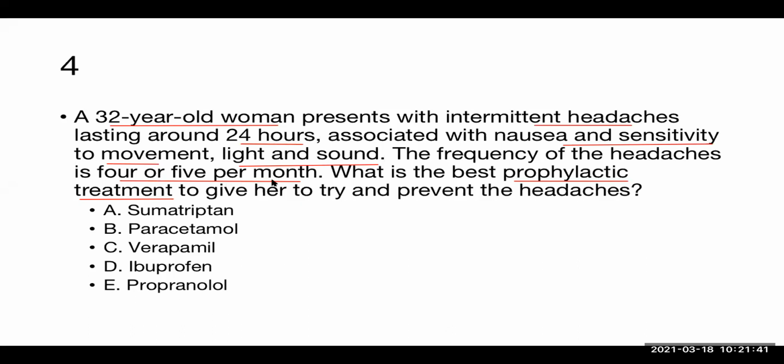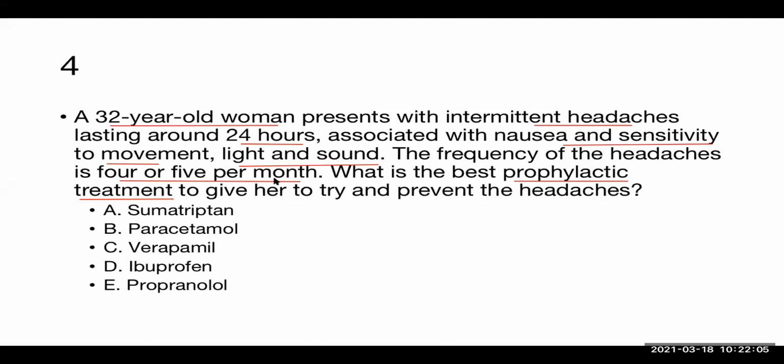Now we have 2 types of treatment here. One is treatment of the acute episode, that is we give painkiller, and another one we postpone the coming episode, means we push them further away, and that is done by prophylactic treatment. Understand the concept here.